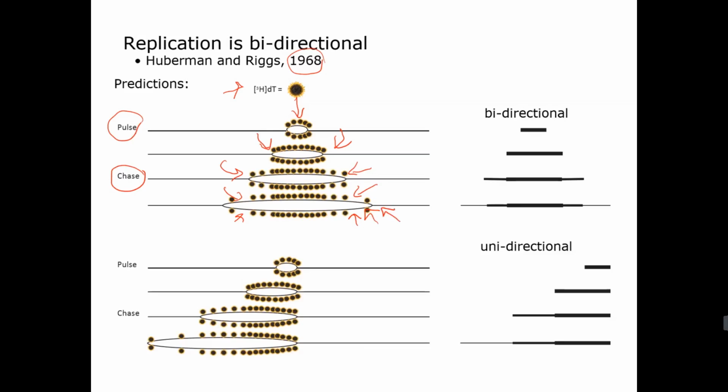gradient. And the other sort of trick that goes with this is that if you're looking at these fibers spread on a microscope slide, so if you have a piece of replicating DNA, you sort of have this replication bubble, as illustrated here.